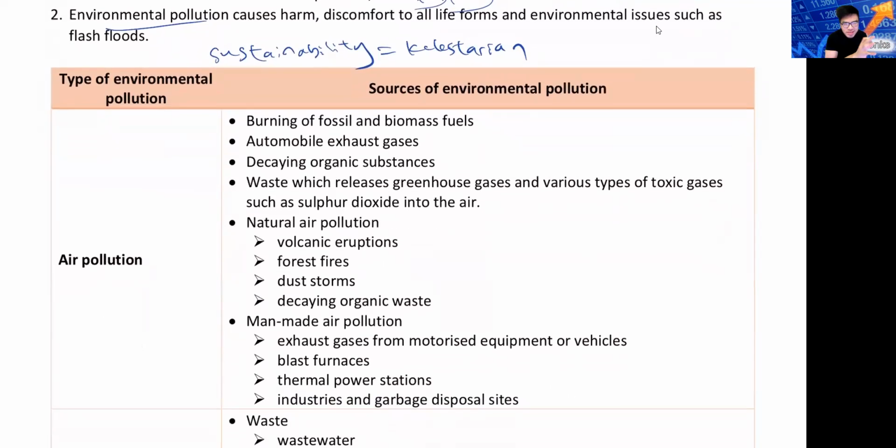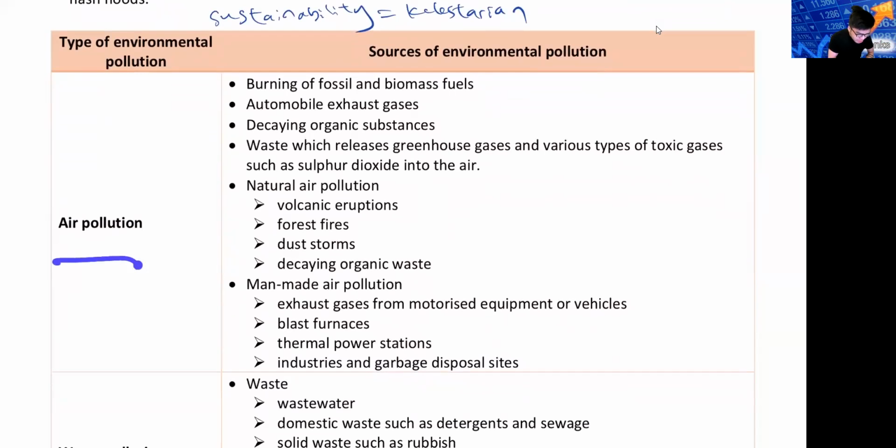Like I said, all these questions are more like KBAT questions, questions that require you to think. So let's look at number 1, air pollution. I believe you know what this is already. You need to know where the sources are, where they come from. As you know, burning of fossil fuel, which is your automobile exhaust.